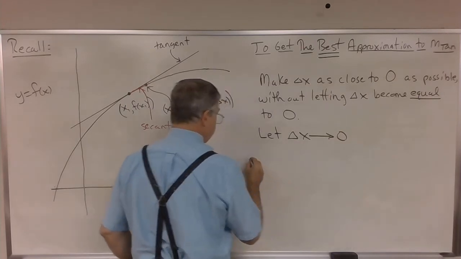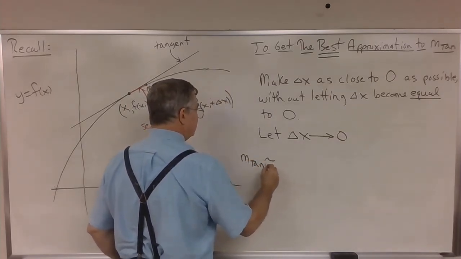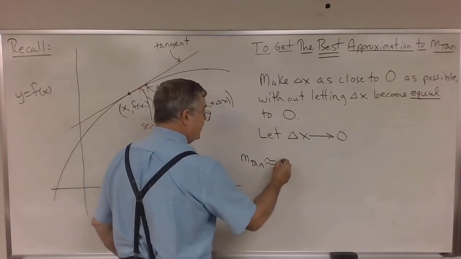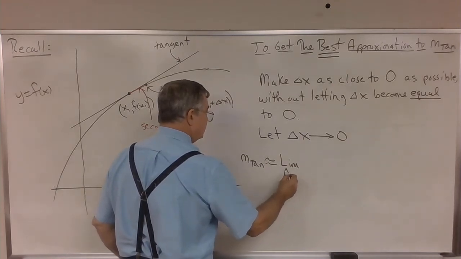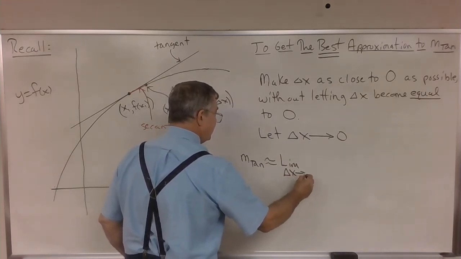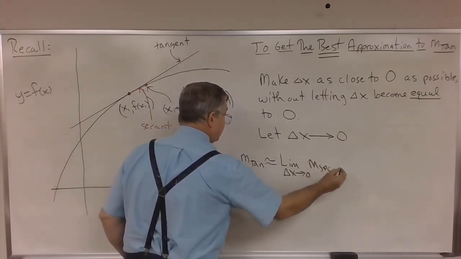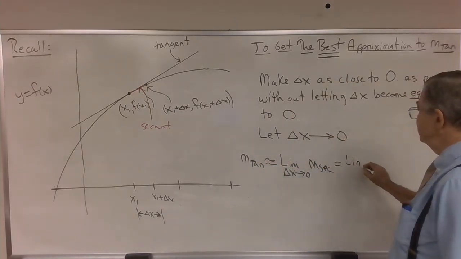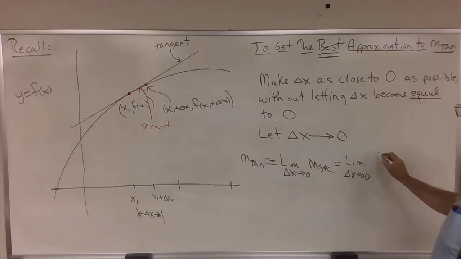approach 0. So the slope of the tangent is approximately equal to the limit as delta x approaches 0 of the slope of the secant. And that means we're computing the limit as delta x goes to 0 of this thing.